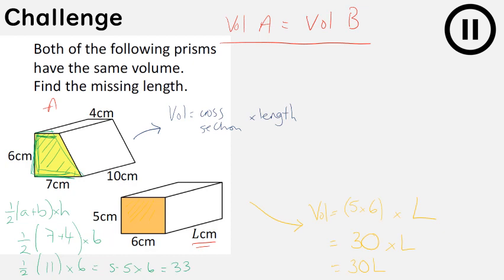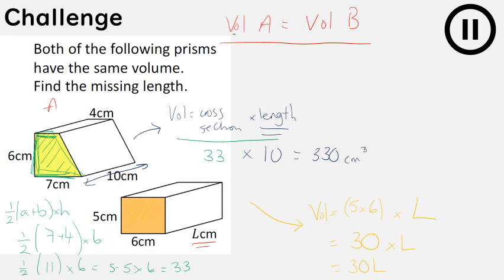So looking back at this formula here, we found the cross section is 33. I've got to times it by the length. Length is how far back it goes. Well, it's stretched back 10 centimeters. So the volume of this one is 330 centimeters cubed.